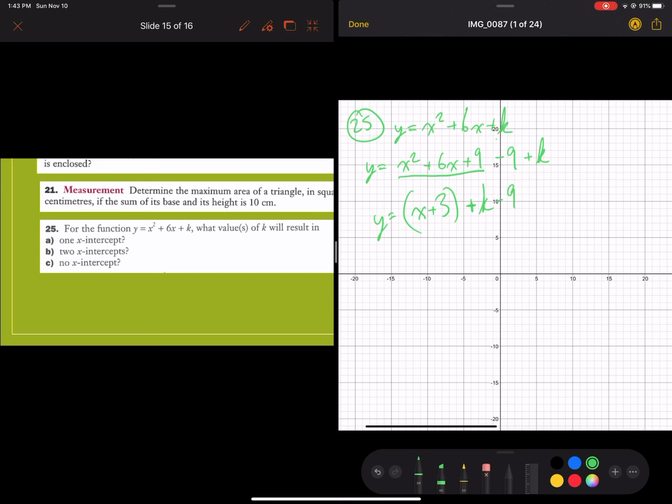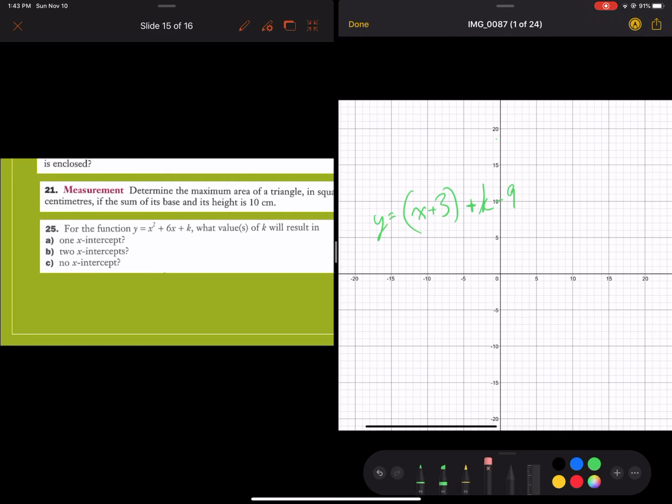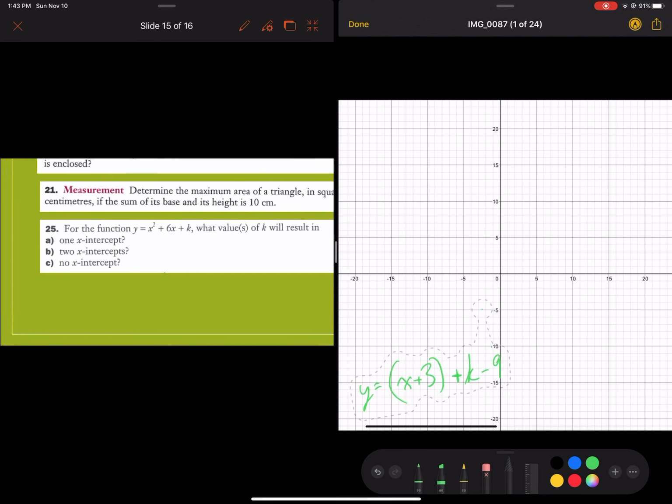Okay, so let's look at this equation. Let's just erase all of this for a minute. That's the one we started with. That's our question that we started with. So, for the function, what value or values of k will result in one x-intercept?